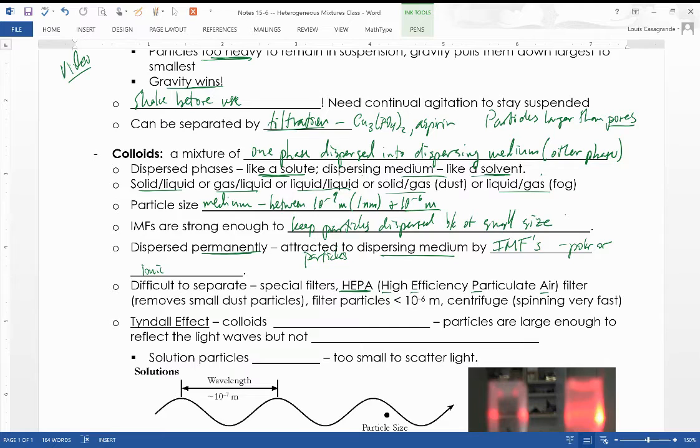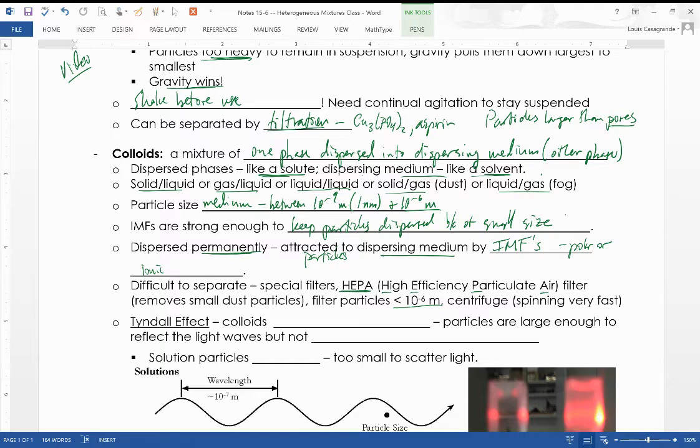And so it's going to filter particles that are smaller than a micron, whereas the filters for suspensions that we saw up above are usually going to be around the 10 to the minus 6 meters or 1 micron size.